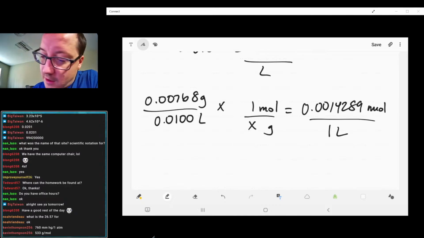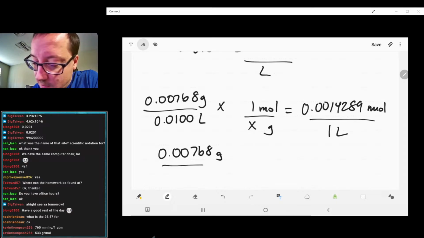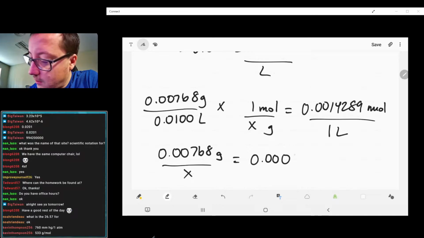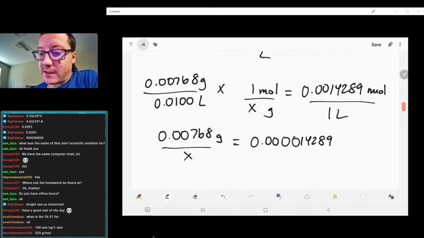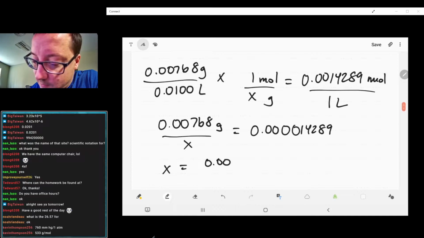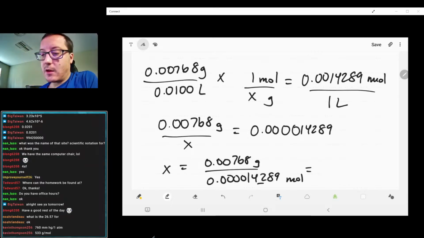Then we can go ahead and try and figure this out. So if we look at that, we can do that first. I bet you guys know how to do algebra. So whatever that over x equals 0.000014289. If we were to move x to the other side, we would get x equals 0.00768 grams divided by 0.000014289 moles. Liters would cancel out, right?